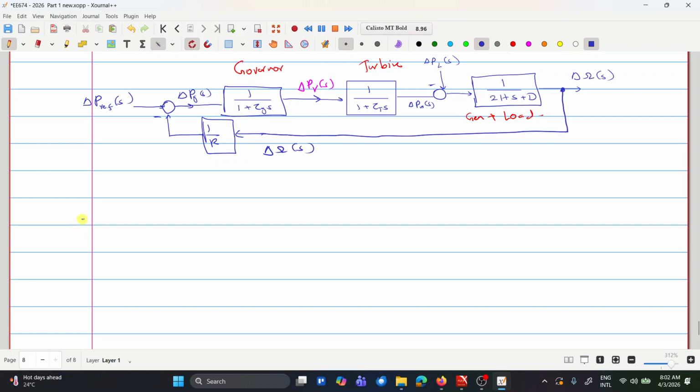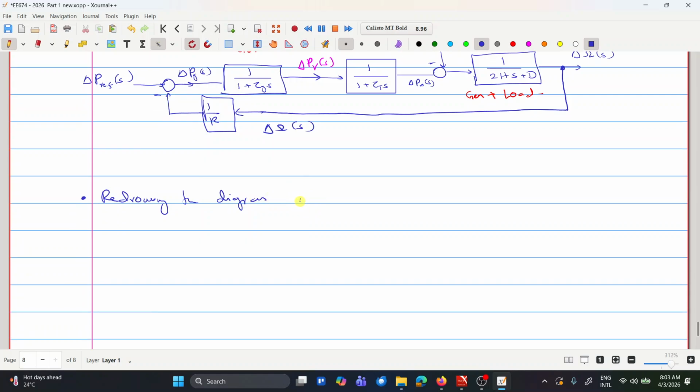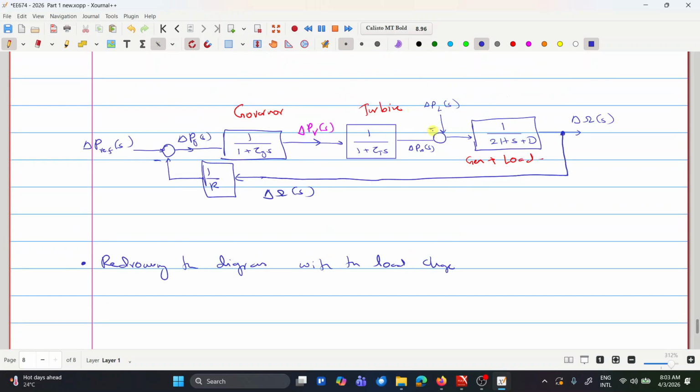So we can redraw this diagram with load change, that is the delta PL, that is this one, as an input, right?